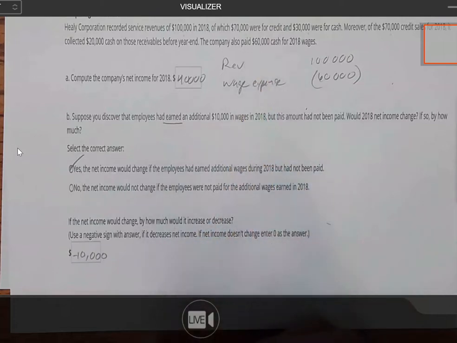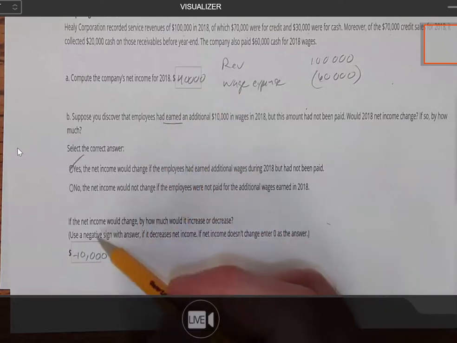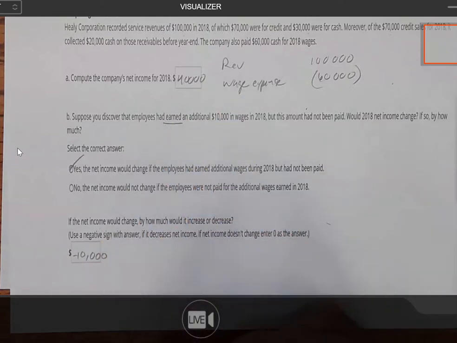Instead, we recognize wage expense or salary expense when that expense is incurred, not when paid, under the accrual basis of accounting. So if the scenario was $100,000 revenue and $70,000 in wages that had been earned by employees, our net income would change to $30,000: $40,000 minus the additional $10,000.